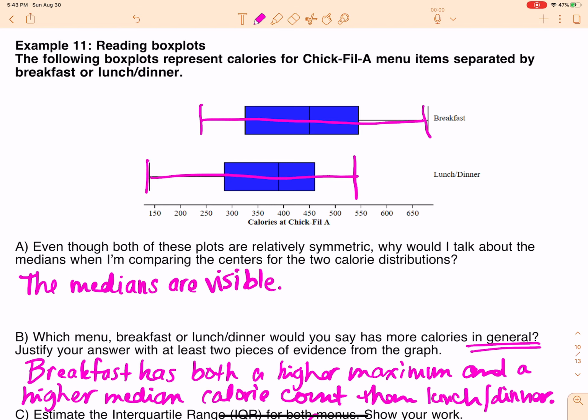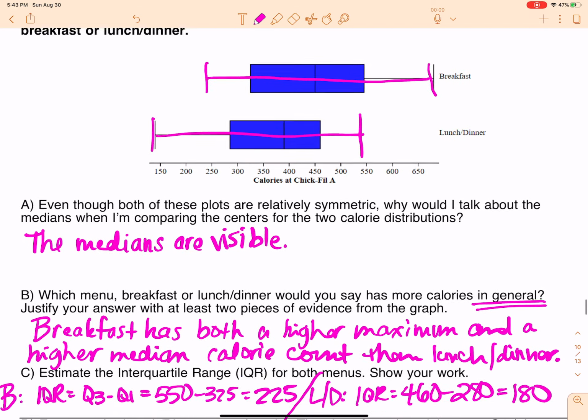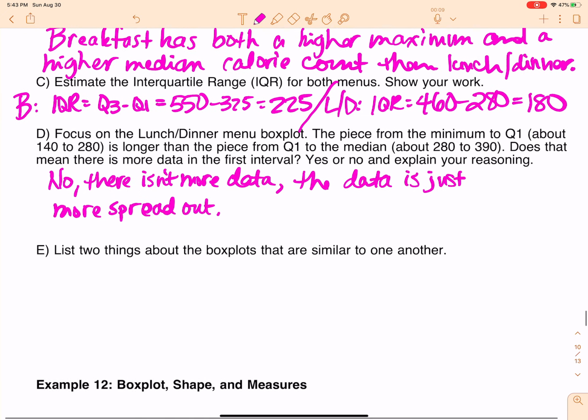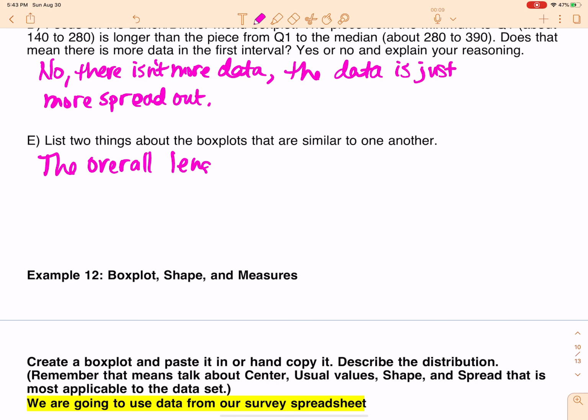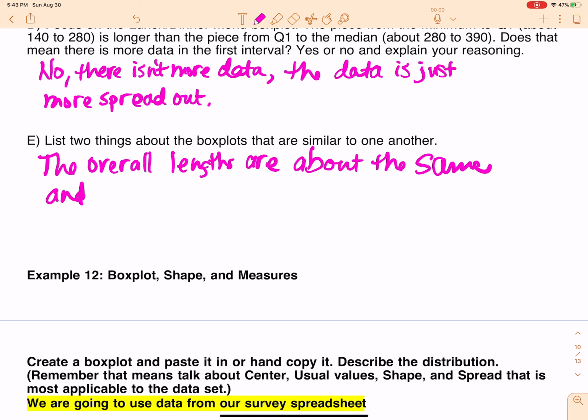Even though they overlap and they're not lined up with one another, that doesn't mean their lengths are that much different. So two things that are similar: the overall lengths are about the same, not identical, but about the same. And the other thing: neither one of them has any outliers.